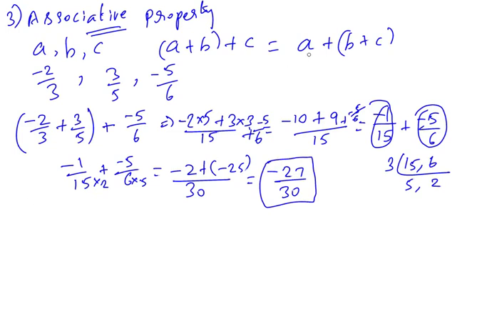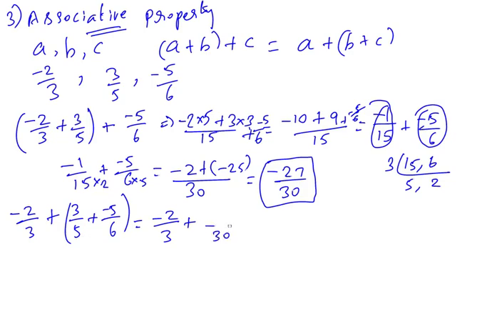On the right hand side, the first number, minus 2 by 3, we will keep separately, plus 3 by 5 plus minus 5 by 6. So, the first number we keep as it is, minus 2 by 3, plus the second number. For 5 and 6, the common LCM is 30.